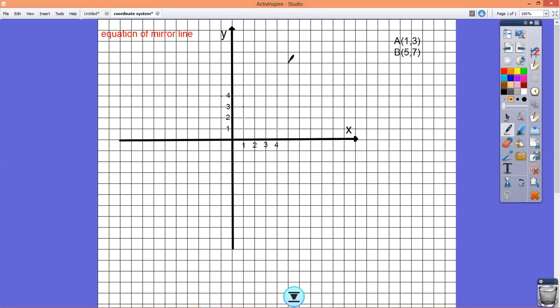It will be here. Here the A point, 1 and 3. This is the B point, 5 and 7. This is the image.